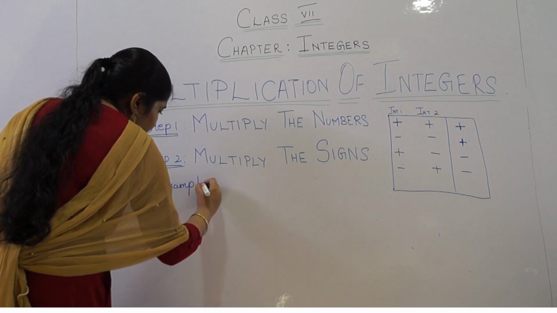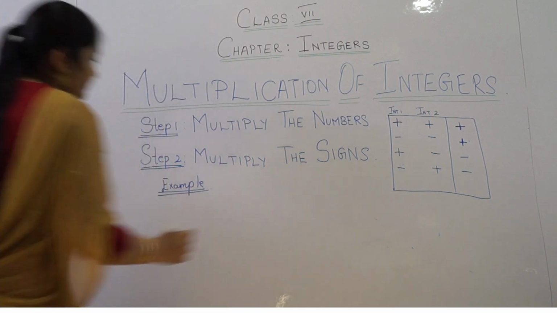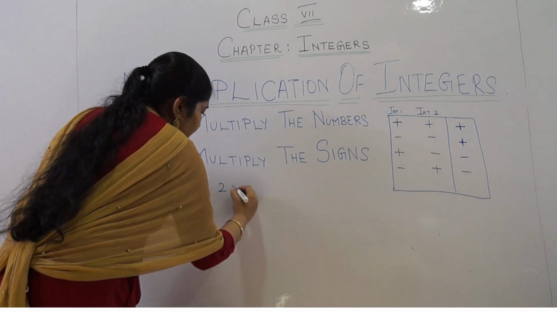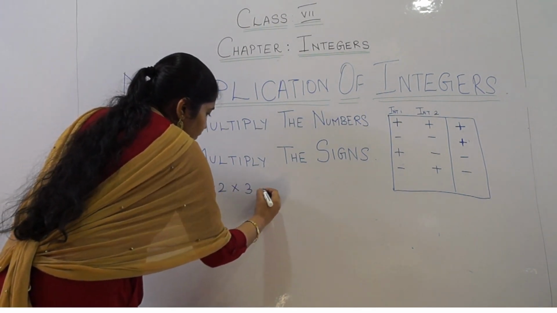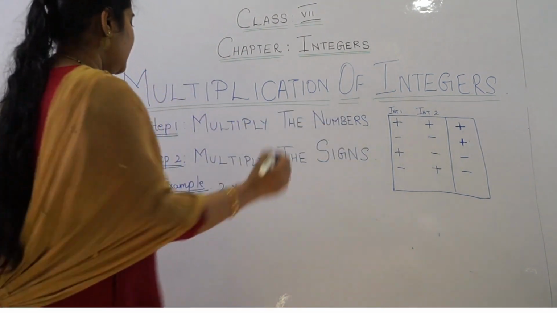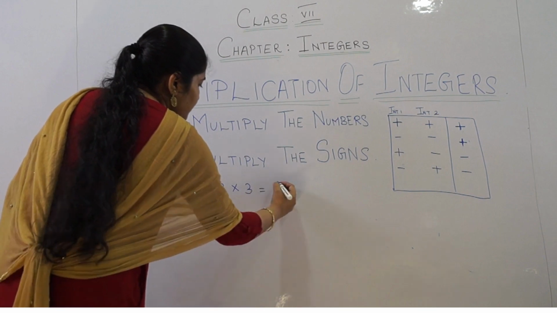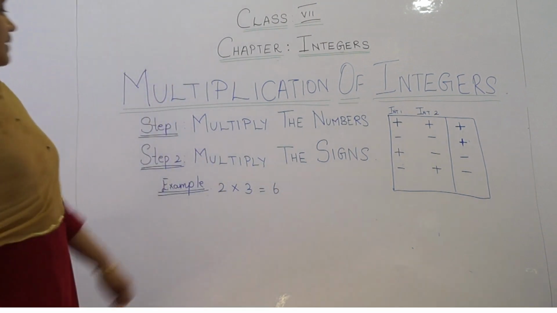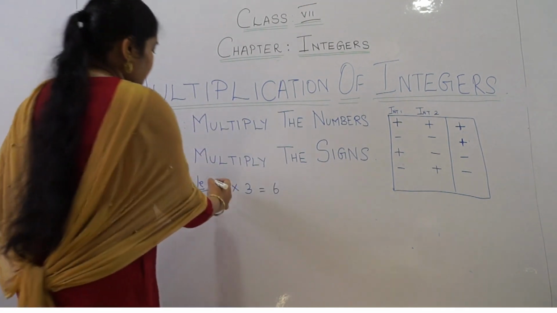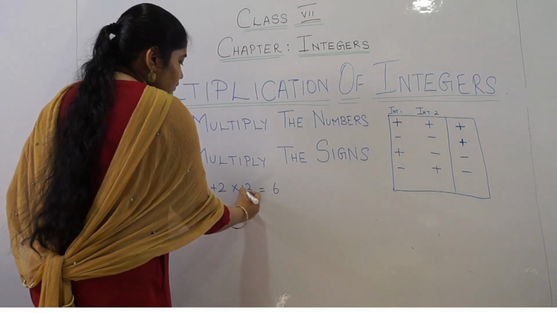Now we will make it clear with the help of an example. They give you 2 into 3. So what is my first step? I have to multiply the numbers. I multiply 2 into 3, which is 6. And what is my second step? Multiply the signs. Here it is a plus sign, and here also is a plus sign.